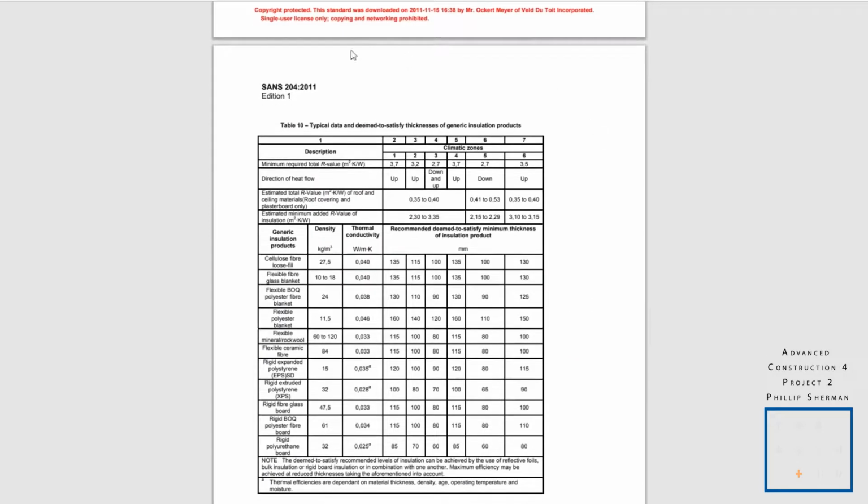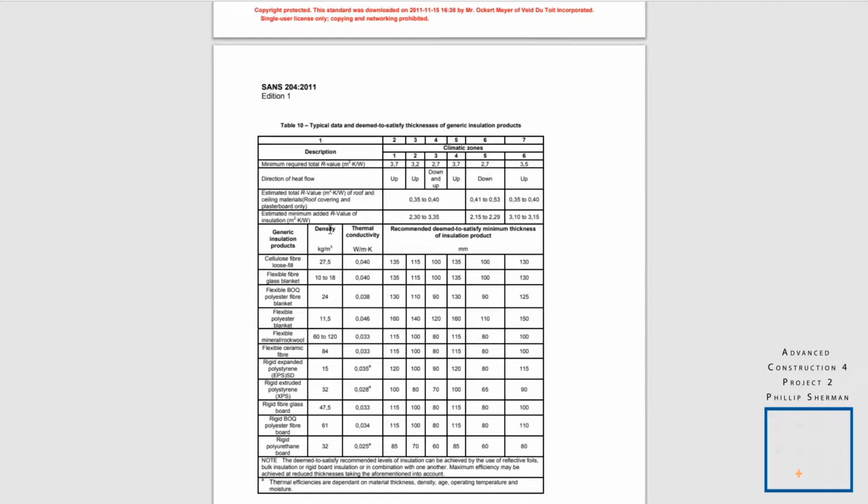Okay, so let's move to this area where let us find out what is the required insulation that I need for 3.7 in my climatic zone. My direction of heat flow is up. We know that. This is the estimated total R value of the roof assembly with materials of the roof covering and plasterboard.